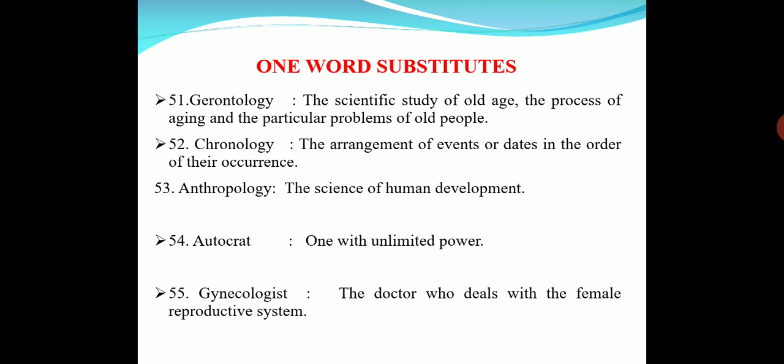Chronology is the arrangement of events and dates in the order of their occurrence. Generally, how the rulers in history, we talk about chronology: after Chandragupta Maurya, Bimbisara came, after Bimbisara Ashoka came, like that. The chronology from which period to which period, we talk about all these things. So this is the arrangement of events or dates in the order of the occurrence.